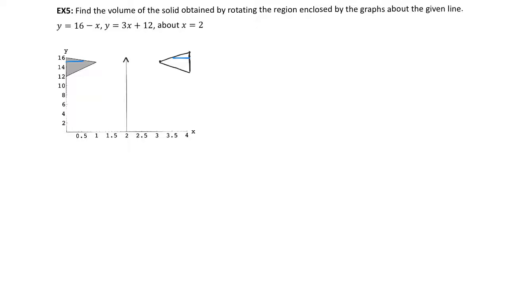So to create the first washer, go from inner to inner, and then outer to outer. There it is. And what we have to do again is get the inner radius and the outer radius.